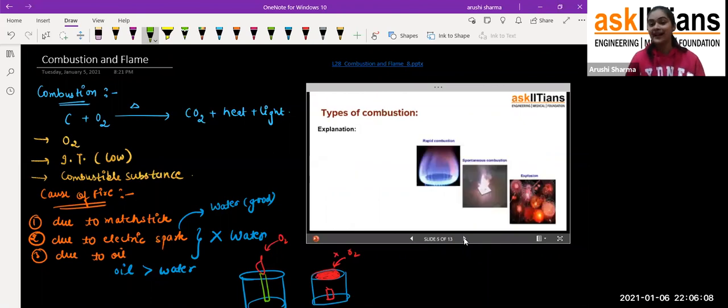That is why on Diwali, in some areas there is a ban on firecrackers. The government does not allow burning crackers, because when we burn crackers a lot of pollution is created, and that pollution is not good for health. Exactly, students. That is how combustion sometimes creates a problem.